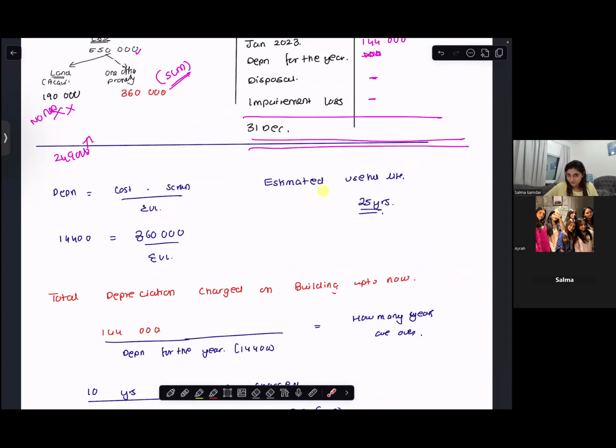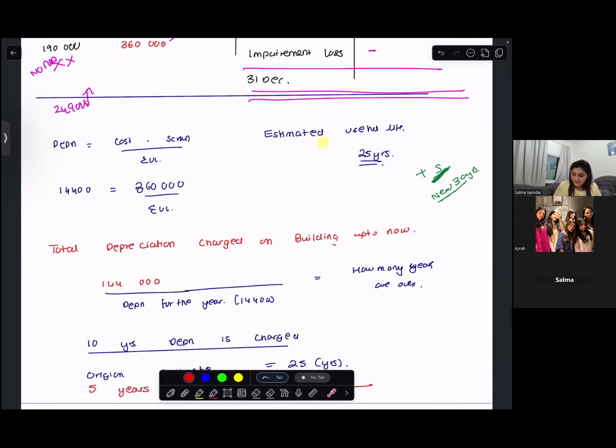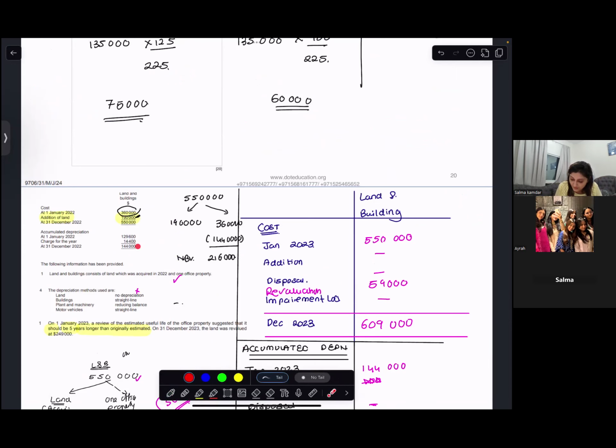Okay. Now I have to find out how many years I have used in total. Because now my new estimated useful life is how much? It's going to be 5 years more. The new estimated useful life would be 30 years. But I have already used some life, right? So the total depreciation that has been charged on the office property is 144,000. 14,400 is charged for the year.